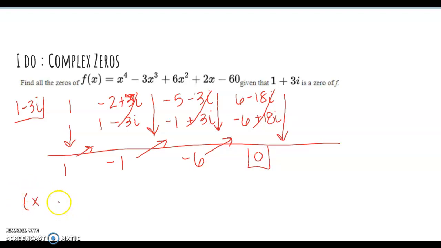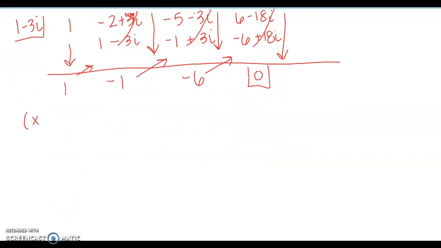So we've got x equals 1 plus 3i, x equals 1 minus 3i, and we need to figure out our last two. So we know that this is a factorable quadratic. We've got x squared minus x minus 6.